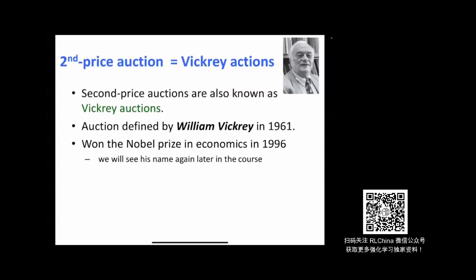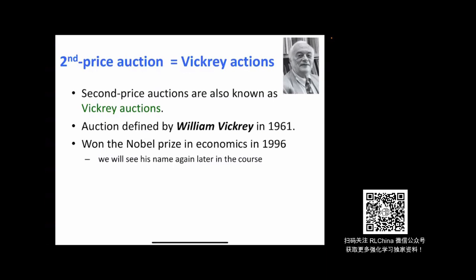So I can draw some conclusions here, and later we're going to verify this. The second price auction is really truth-telling, as we said before. We want people to tell the truth, and the second price auction is in fact a way to encourage people to tell the truth. Maybe we can answer that question mathematically, but I just want to give an intuition for why.